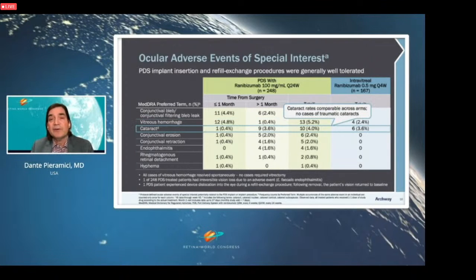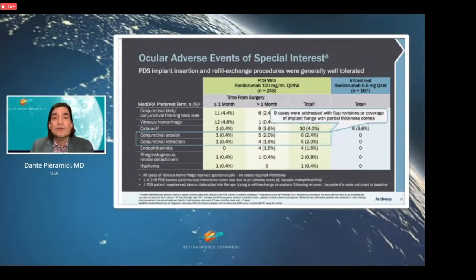The incidence of cataract development was similar between the intravitreal arm and the PDS arm. Conjunctival erosions or retractions where the implant became exposed occurred in 11 cases. 9 of these were addressed with a flap revision or a partial thickness corneal graft, and were well treated.